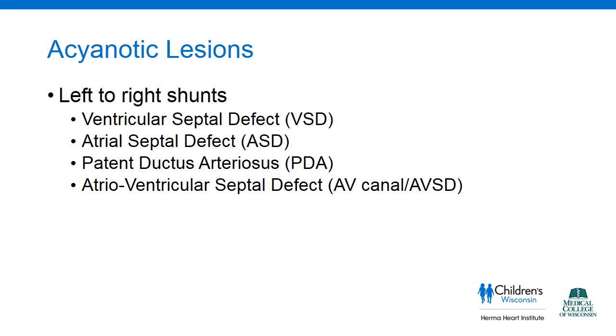Those with left to right shunts, meaning blood flow going from the left side over to the right side, include ventricular septal defects, otherwise known as VSDs, atrial septal defects, or ASDs, patent ductus arteriosus, or PDA, and atrioventricular septal defects, also known as AV canals, or AVSD.